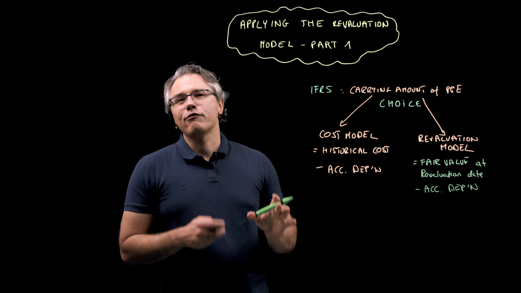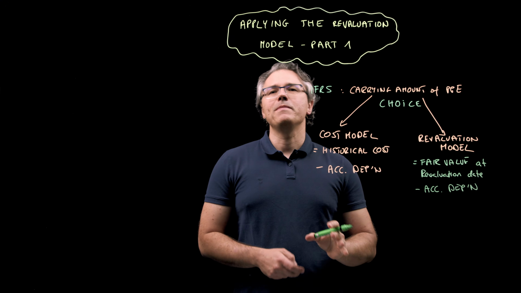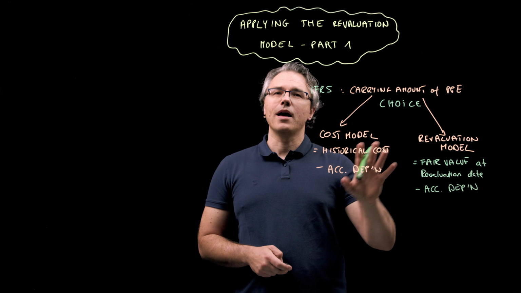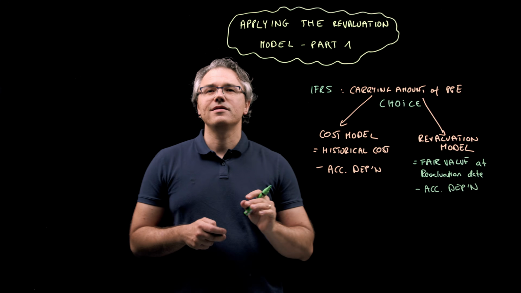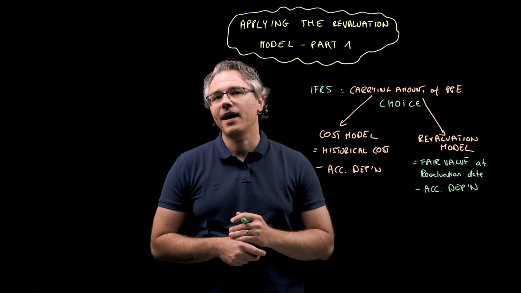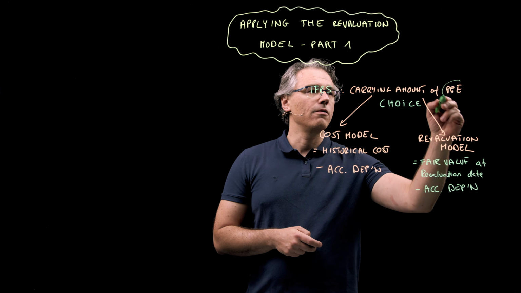And before we get cracking with the scenario, let me also emphasize that the choice between the cost model and the revaluation model does not need to be made for the entire property, plant, and equipment category as a whole.